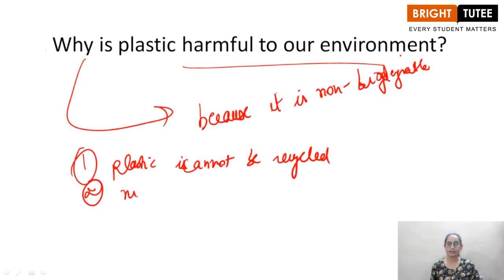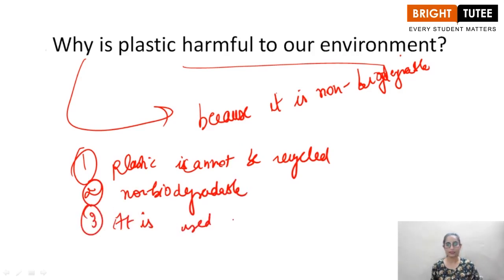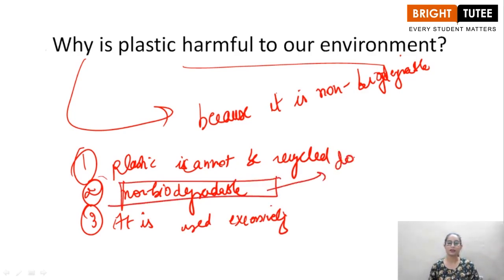Second can be that it is non-biodegradable. It is used excessively, right? Any 4 options, you have to choose the option that it is non-biodegradable and hence it does not disappear at all even after 500 years of time span. Basically, the time from which it has been invented, no plastic articles have ever decomposed. So we call them as non-biodegradable.